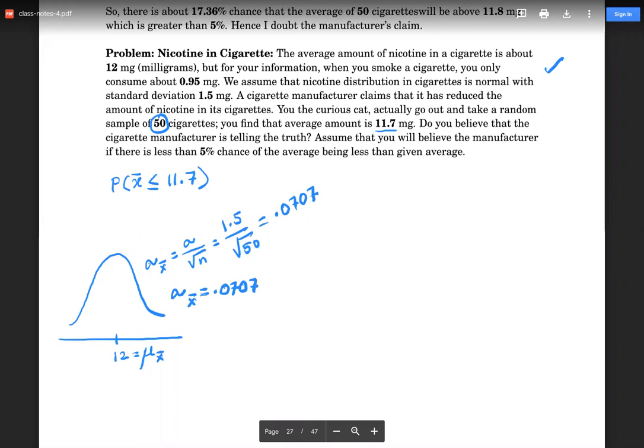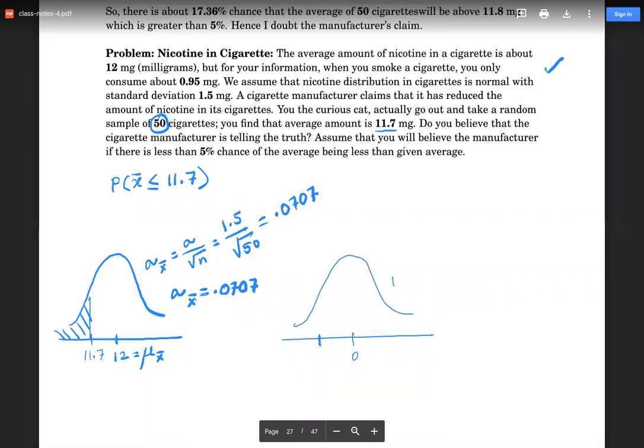Now we need to translate this into standard normal distribution, which is mean of 0, standard deviation of 1, and our 11.7, we want to find 11.7 less than, meaning right here. So what does 11.7 translate to?